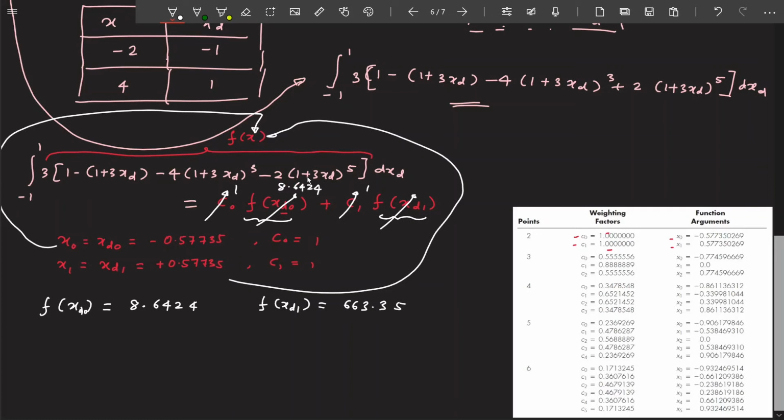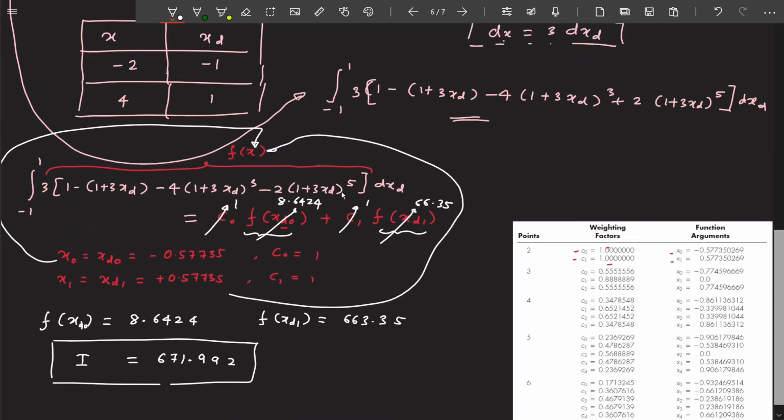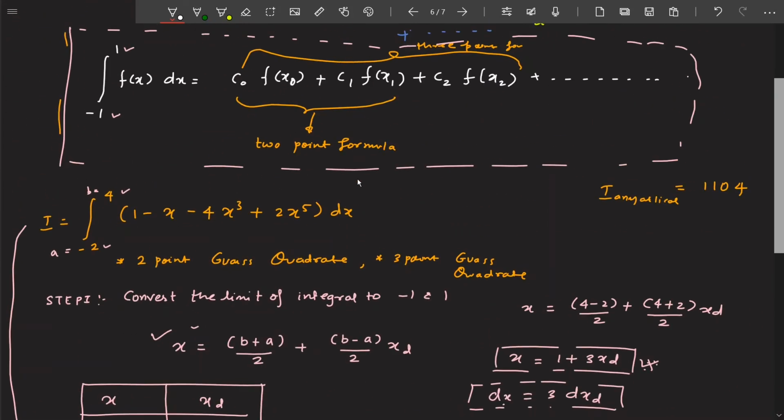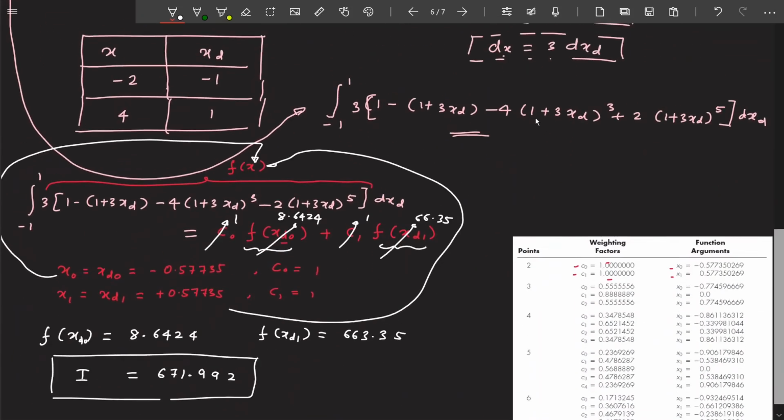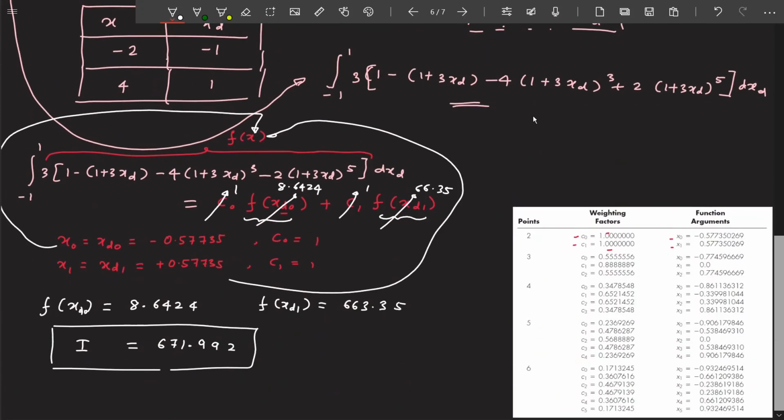Now when you substitute these values here, that is 8.6424 and 6635, the value of the integral comes out to be 671.92, which is way off from our analytical value. So what is our analytical value? 1104.